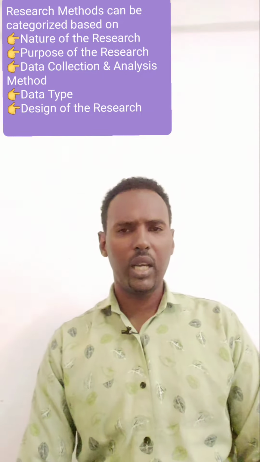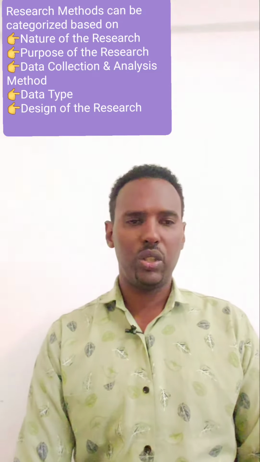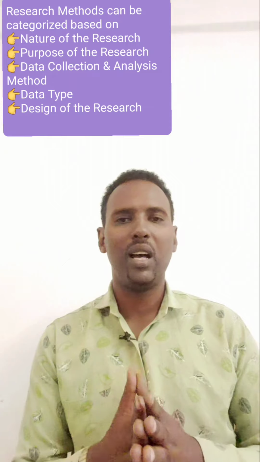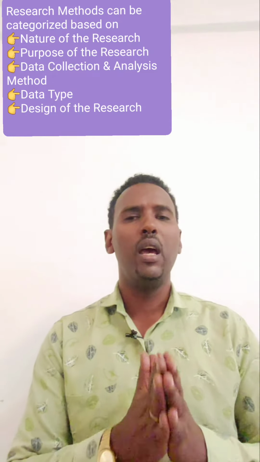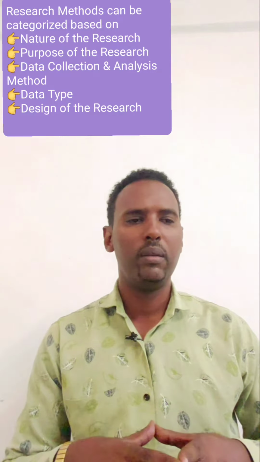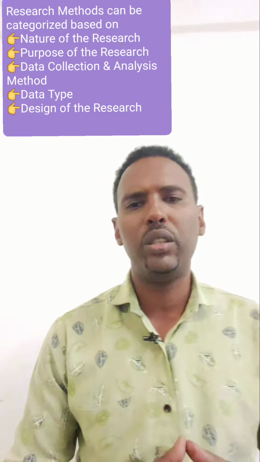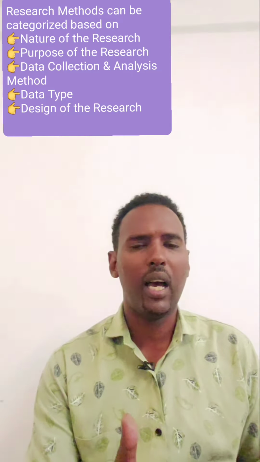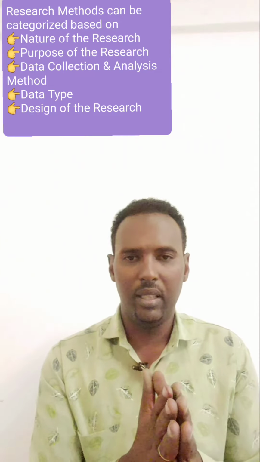The fifth category basis is research design. Based on the research design, we can also categorize our research methods into two. That is exploratory research and conclusive research. When we say exploratory research, it is the research type that is used to investigate the research area.